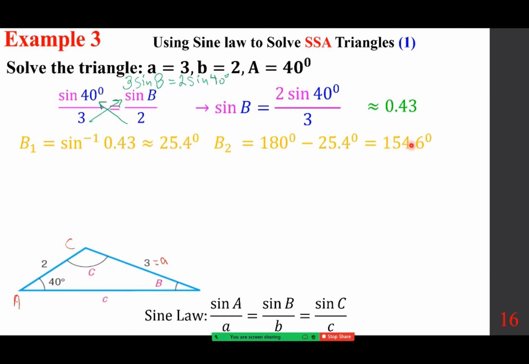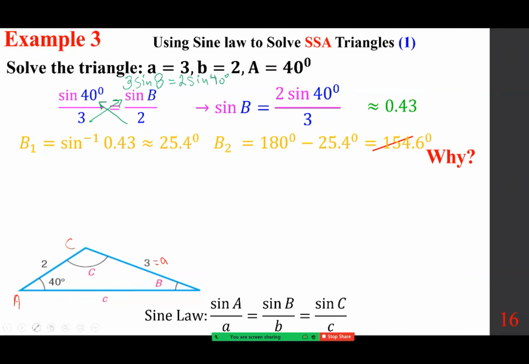Look at this one. If we add these two numbers, we get larger than 180. So this is not acceptable. We have to find this. And if this number added to this angle is less than 180, then we have two cases. That's all you have to do. You don't have to memorize anything else. You calculate both of them. This works. This doesn't, because the sum of these two, let me just write it.